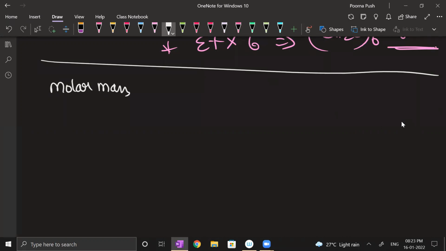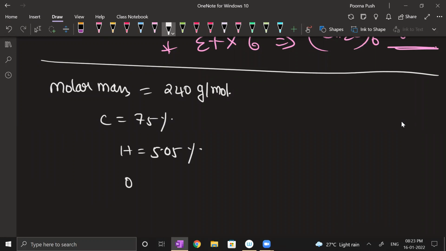Molar mass 240 grams per mole. Sorry, I'll give you the information. Carbon percentage is 75. Hydrogen is 5.05. Oxygen is 20%. What is the molecular formula?